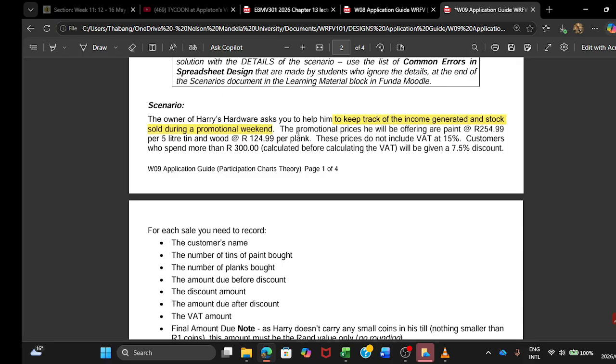So you are given the price of the paint per 5 liter and the price for the wood per plank, and you are told that these prices do not include VAT, which means that we're going to have to take out the VAT at the end. And if the customer spends more than 300, they will get a discount of 7.5%.